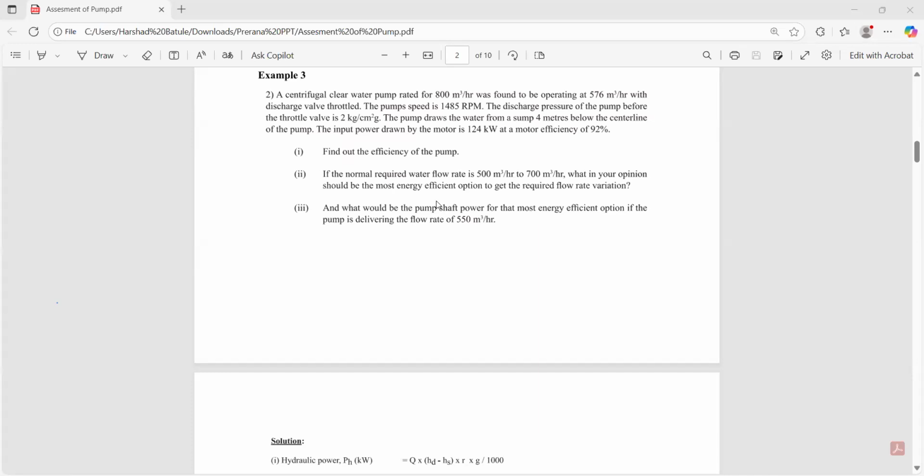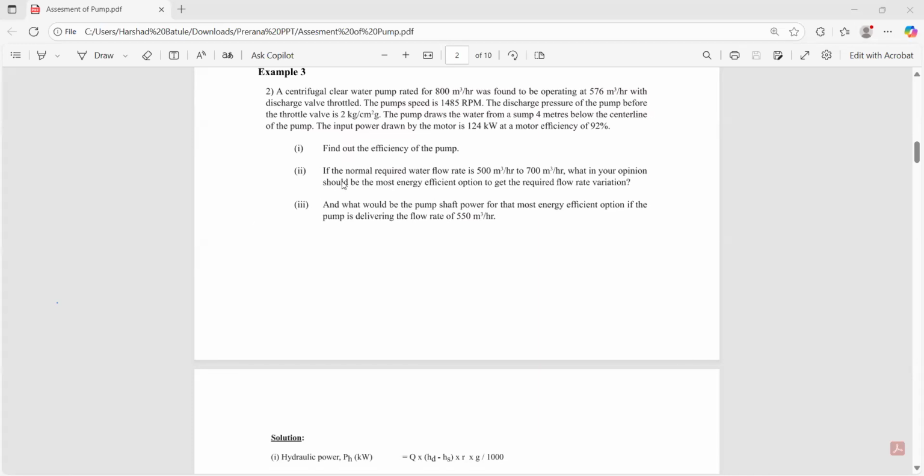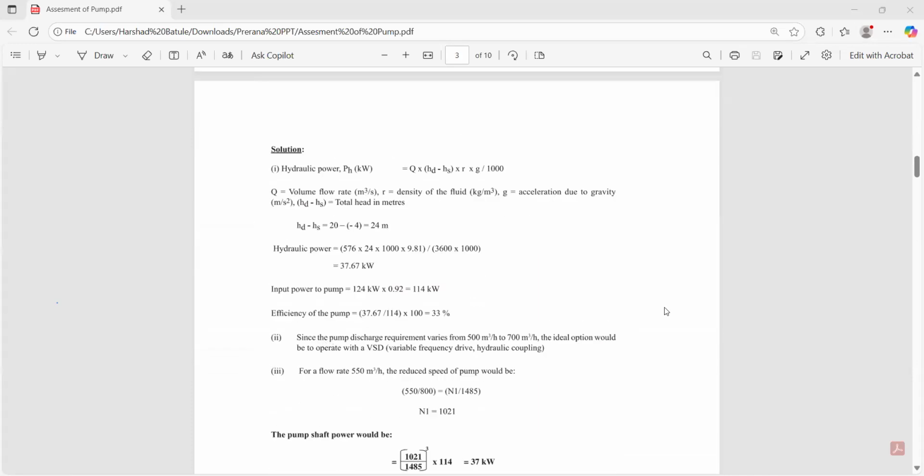You can add a variable speed drive in the circuit, since the pump discharge requirement is in a range, not fixed. If it were fixed, the solution would be to trim the impeller or reduce the impeller size. But there is a variable flow requirement. So variable speed drive is your energy efficient option.